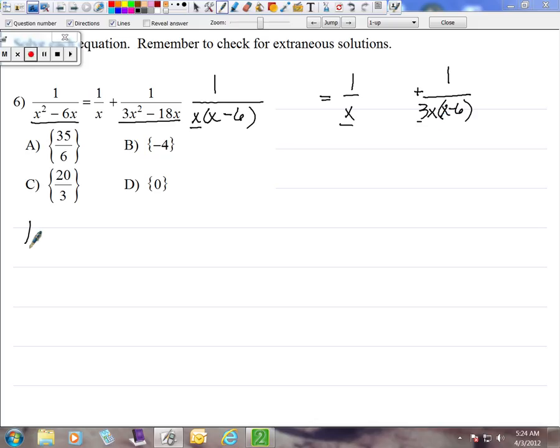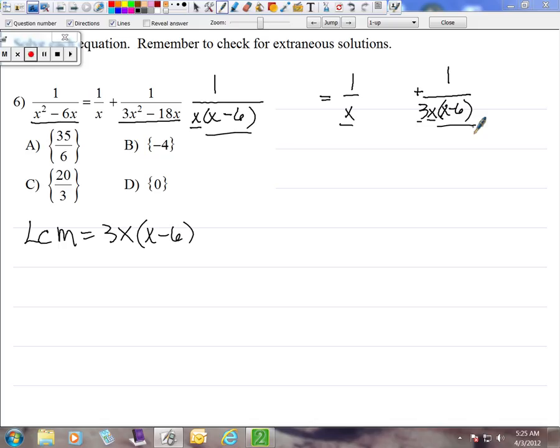So our least common multiple on the outside would be 3x. See, the x only appears once in each fraction, so we use it once. The 3 only appears once, so we use it once. The x minus 6 now is a binomial factor. It only appears once in each fraction.